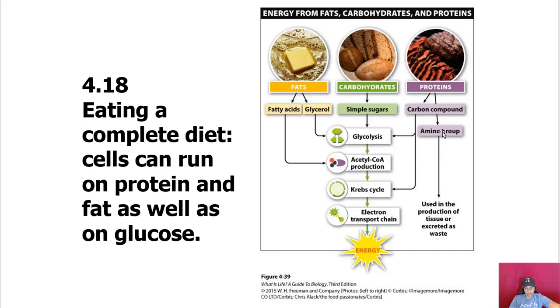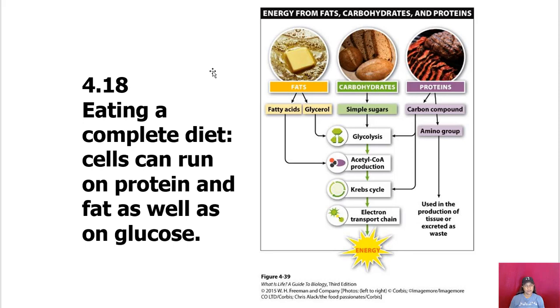But we can use the amino groups to form other proteins that we need, right? But the carbon compounds that are also in proteins go into glycolysis. Some of them are broken into pyruvates, and some go into the Krebs cycle step.